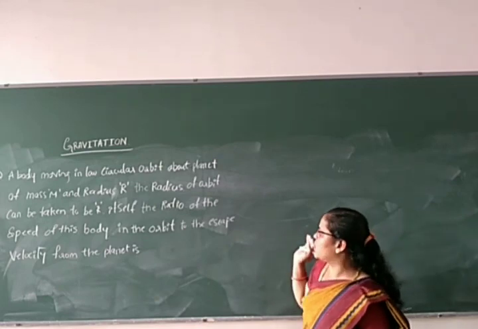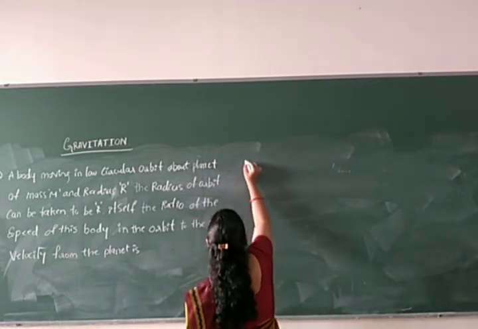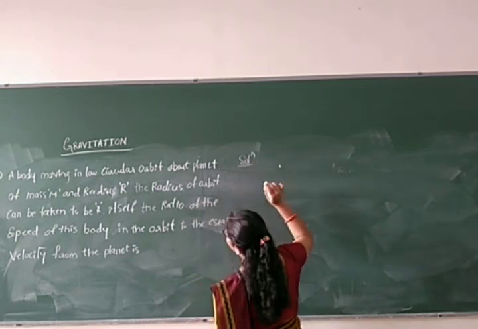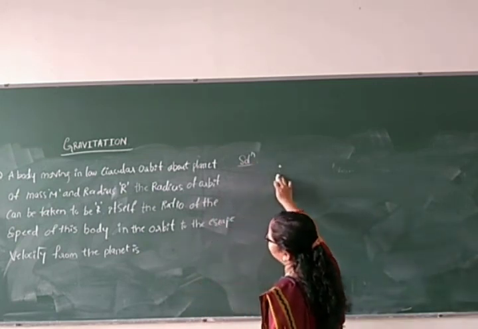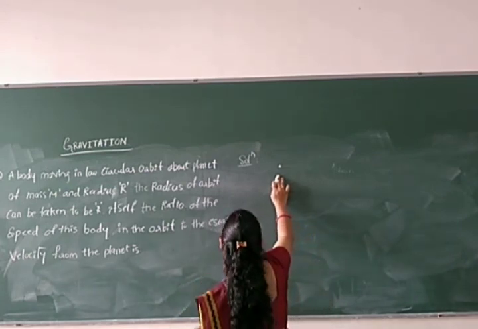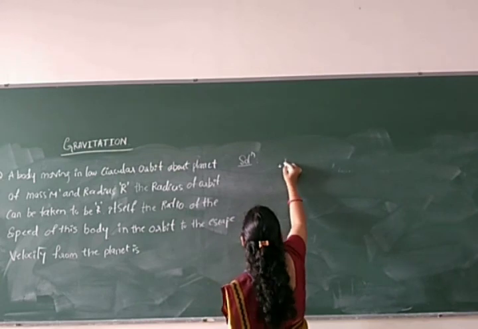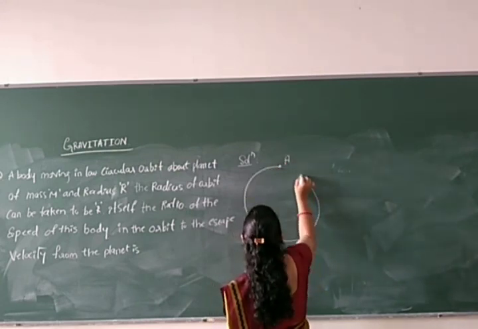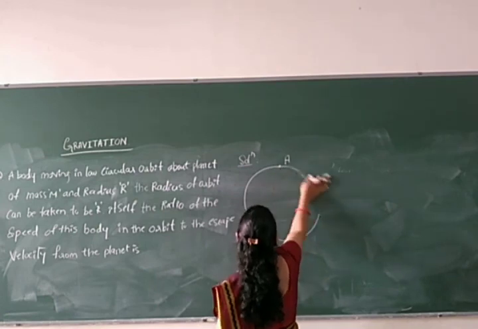Before going to the solution, let us frame the diagram here. The planet is there, and a body moving in a low circular orbit about the planet. Body A is revolving around the planet.